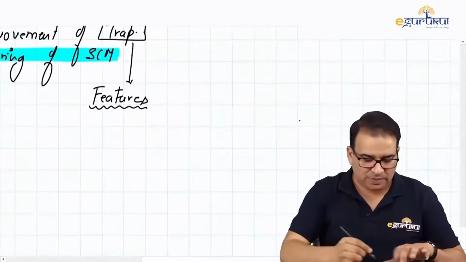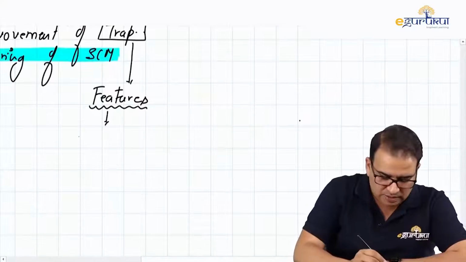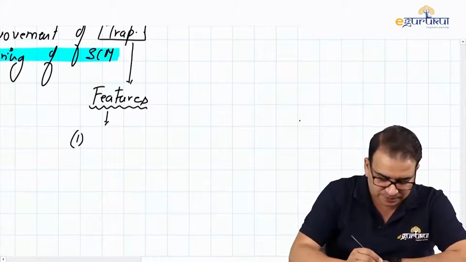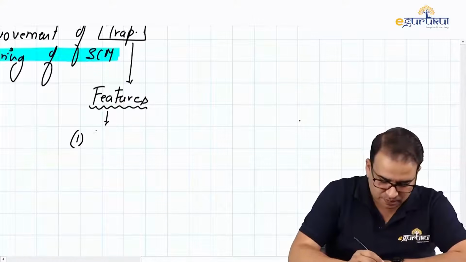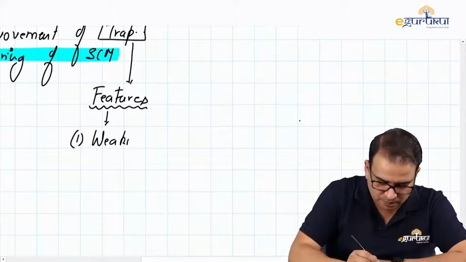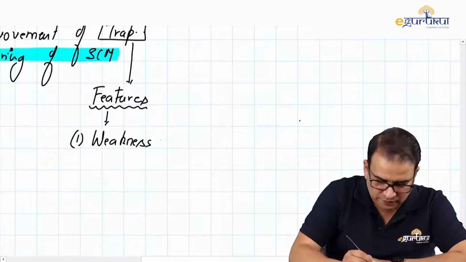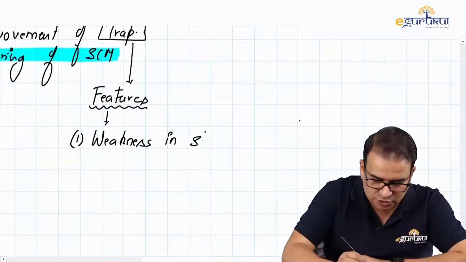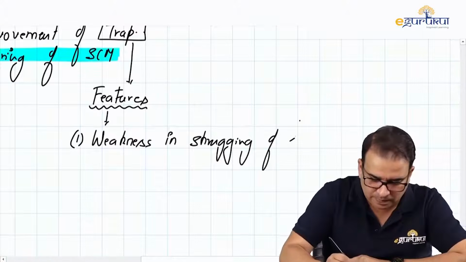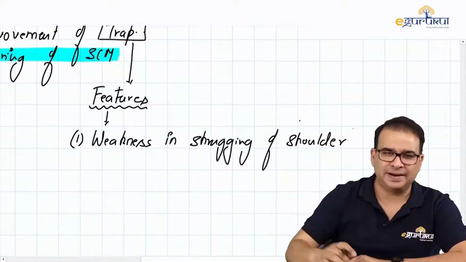Because of the trapezius involvement, the features will be: number one, weakness in shrugging of shoulder of that side.